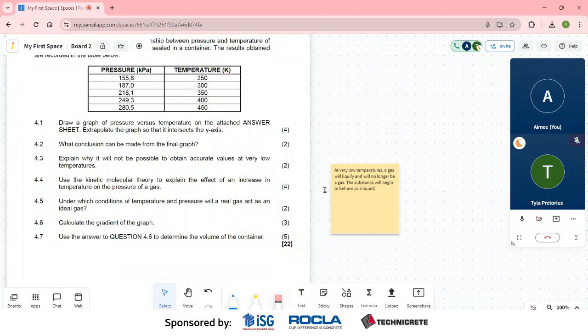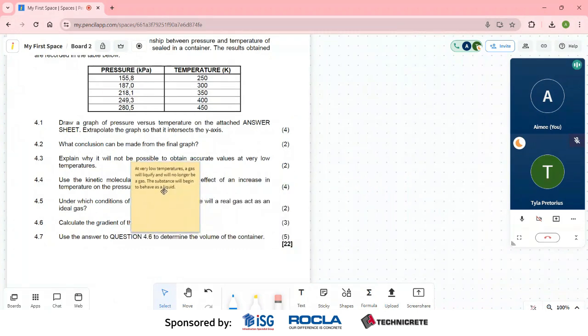Why at very low temperatures can our values not be accurate? That's because if you push the temperature low enough, gases eventually start to liquefy. Remember, if you take away enough energy from a gas, it starts to turn into a liquid.